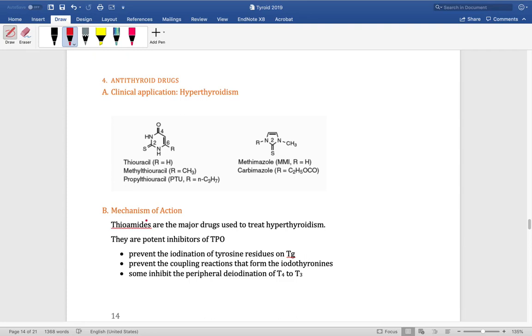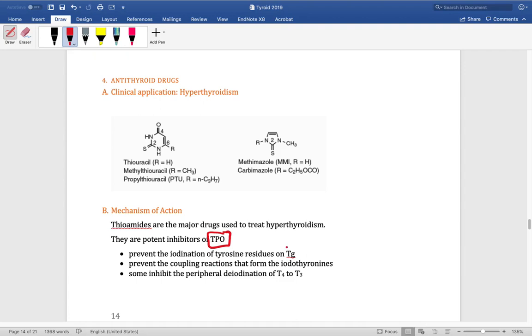The thioamides, we're going to begin with those, are major drugs that are used to treat hyperthyroidism. Okay, they are potent inhibitors of thyroid peroxidase, and they prevent the iodination of tyrosine residues. All right, and they're also going to prevent the coupling reaction.